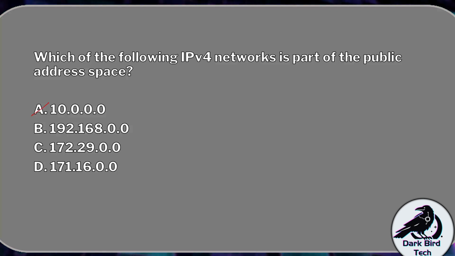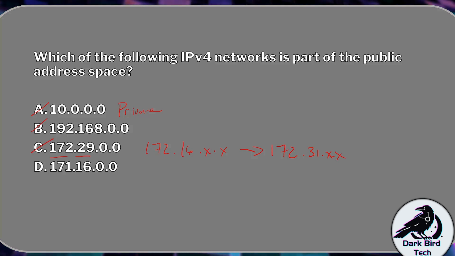The 10 network is private. So is the 192.168.0.0 network. In fact, everything from 192.168.0.0 through to 192.168.255.0 is private. 172.29, they're trying to catch you here. Everything from 172.16.whatever.whatever to 172.31.whatever.whatever is private.